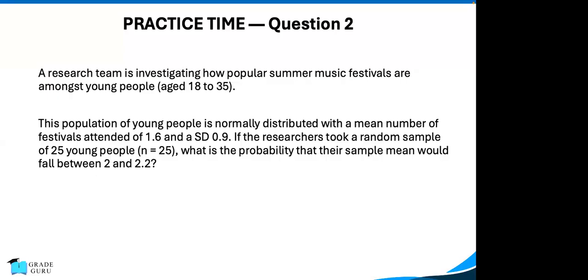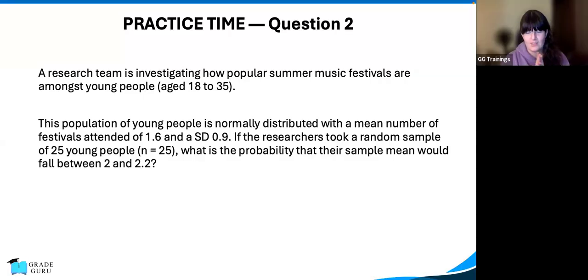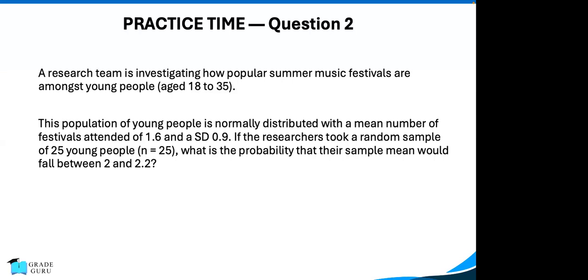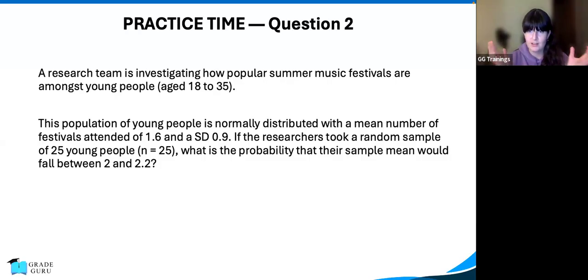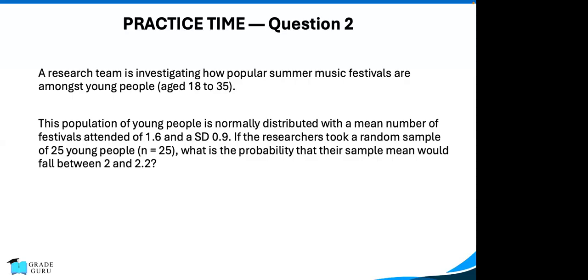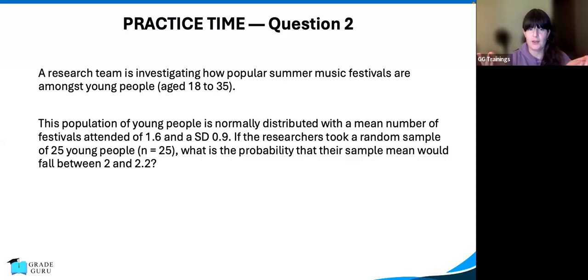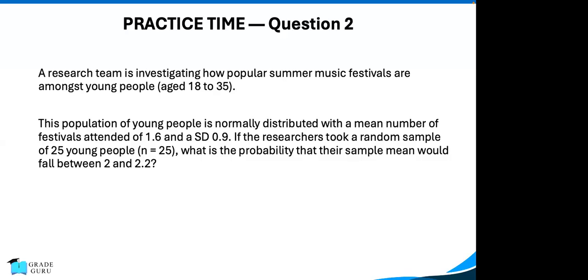Yeah. So I see that the population is normally distributed, and it asks what is the probability. Okay, and tell me from that, just that, what are the possibilities now? The Z transformation or the sampling distribution of means. Correct. And how do we then narrow it down?